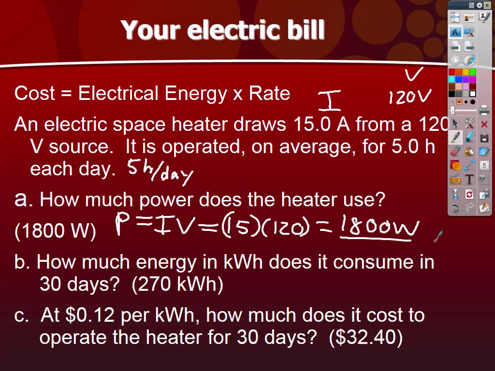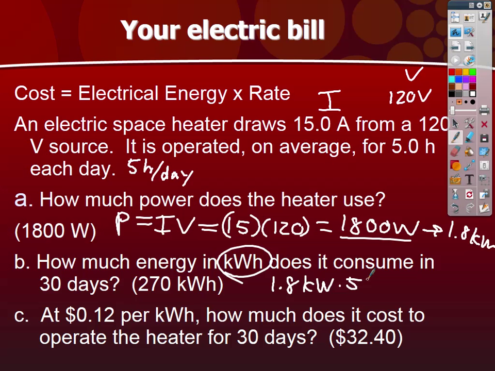What we have to do here is basically create this kilowatt hour unit, but over 30 days. First off, I need to change the 1800 watts to kilowatts. So this would be 1.8 kilowatts. With 1.8 kilowatts, I can figure out how many are used in one day.